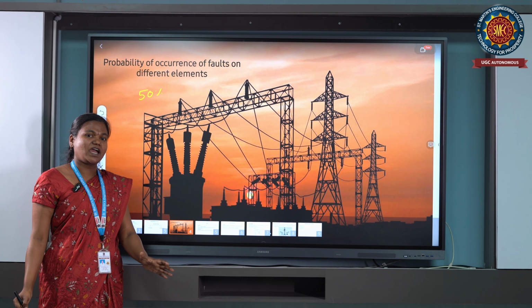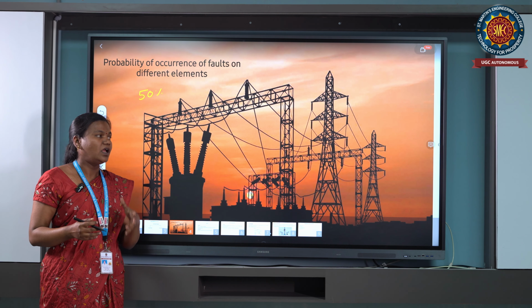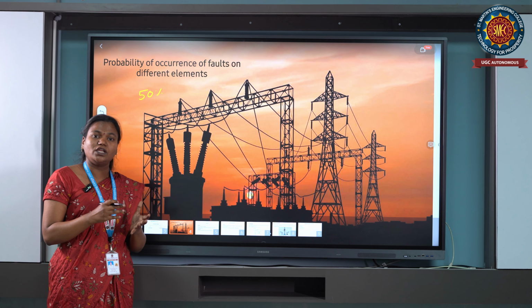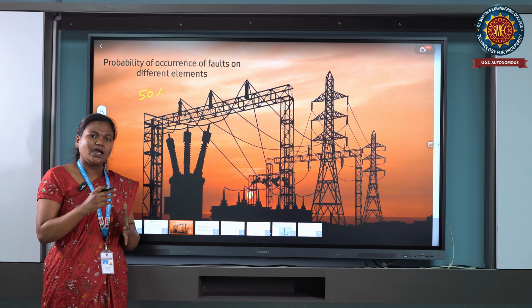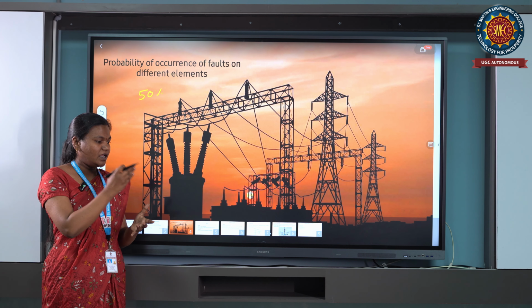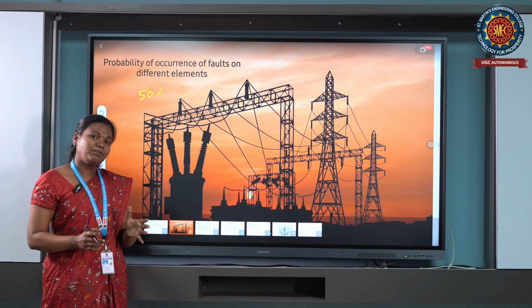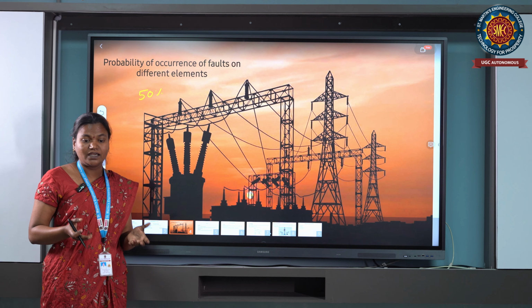That is the reason we have to take more care of them compared to the other parts, like the controlling units, generating stations, power transformers, and underground cables.